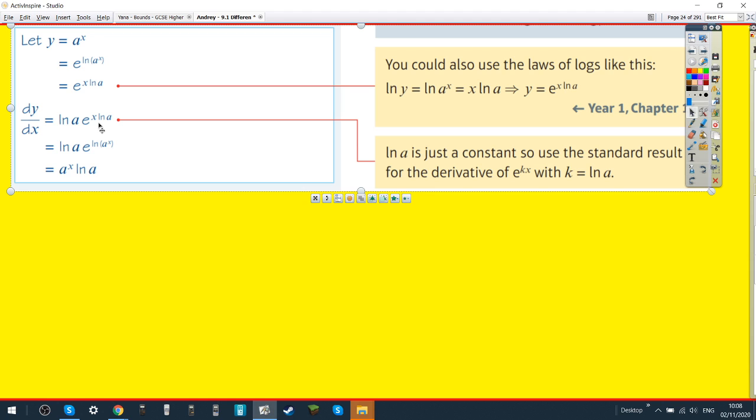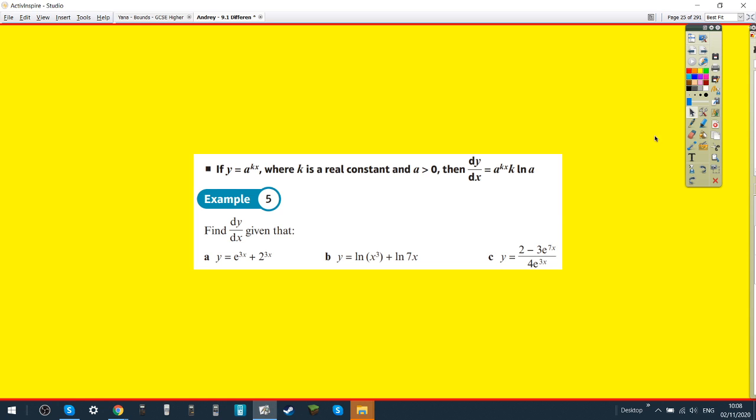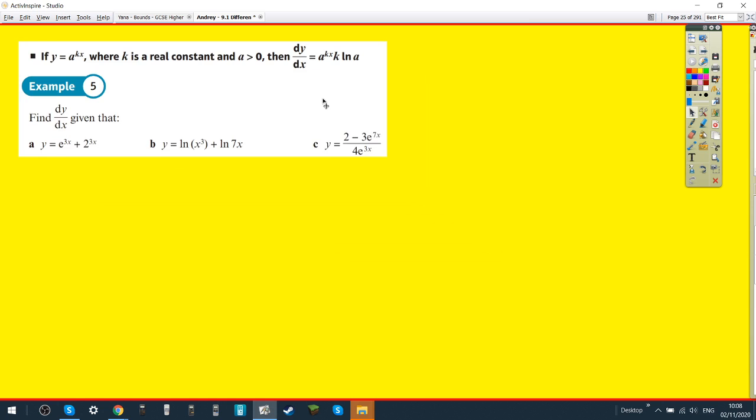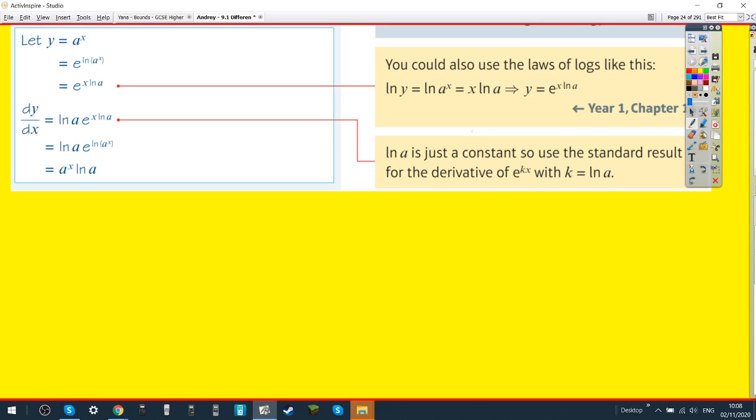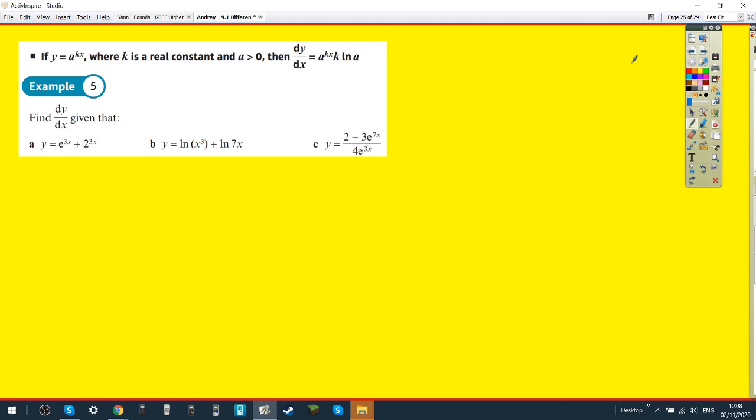And then they just simplified it back down. Okay, fair enough. Let's hope that's not too important. But in general, that's the derivative. Okay, a^x becomes a^x ln a.